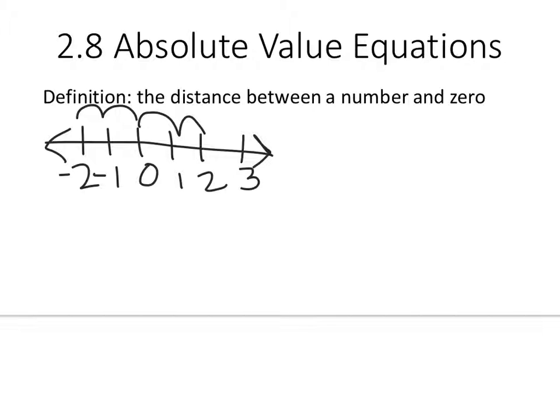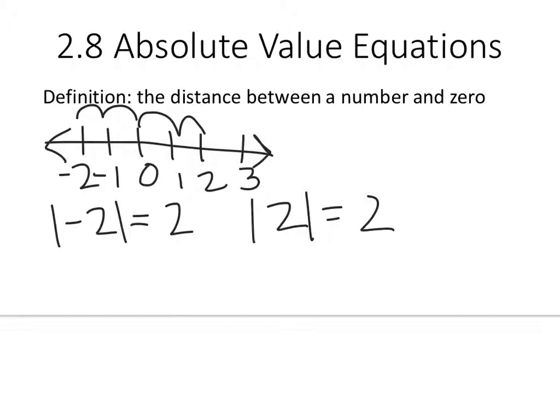So I would say here that the absolute value of -2 is 2, and the absolute value of 2 is also 2. So the absolute value, again, is just a distance. So you never have a negative answer when you're taking the absolute value of something.